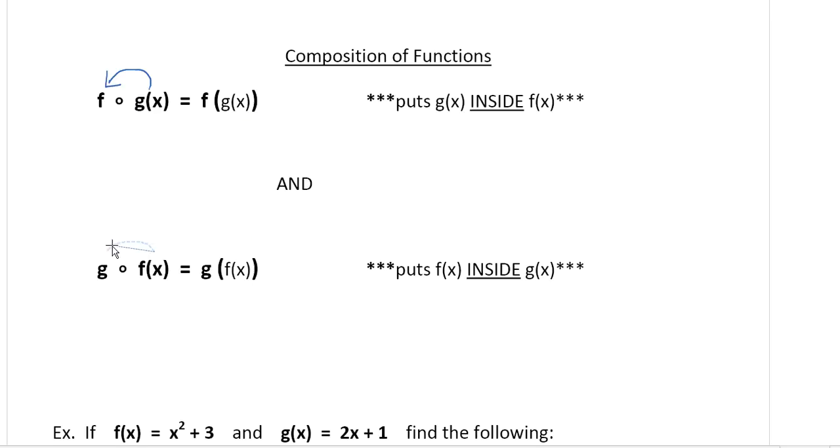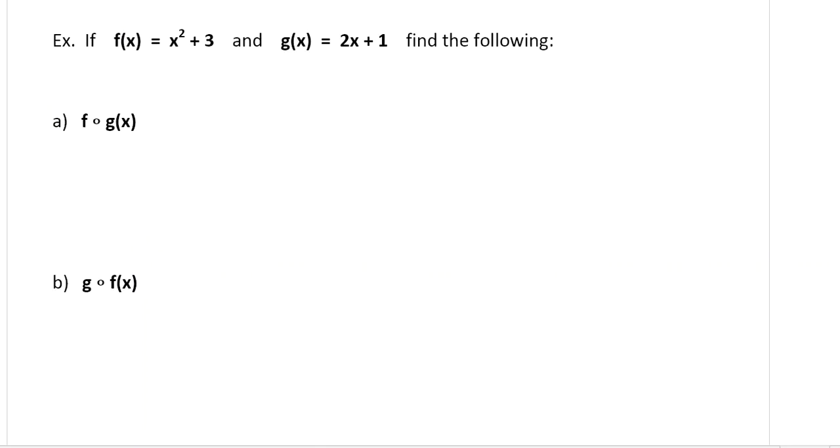So really do write this down in your notes if you don't have it, that f of g puts g into f, and g of f, vice versa, puts f into g. So now we're given that the function f is x squared plus 3, the function g is 2x plus 1, and we need to find both.